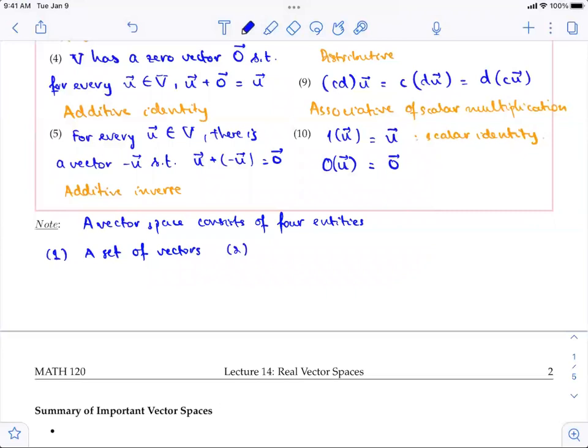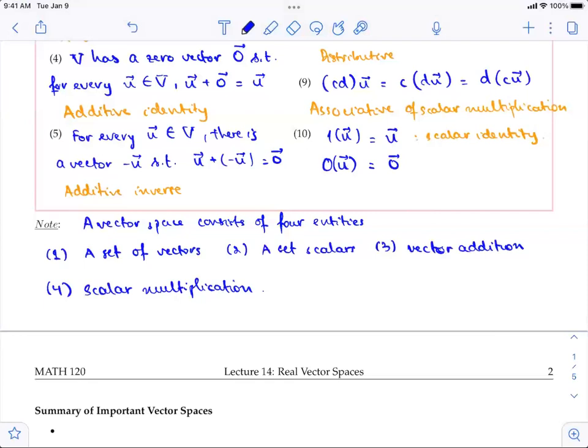The second entity is a set of scalars, because eventually you need to perform scalar multiplication. Number 3 is vector addition, and number 4 is scalar multiplication. So for a vector space, you need a set of vectors, a set of scalars, and two operations, vector addition and scalar multiplication.